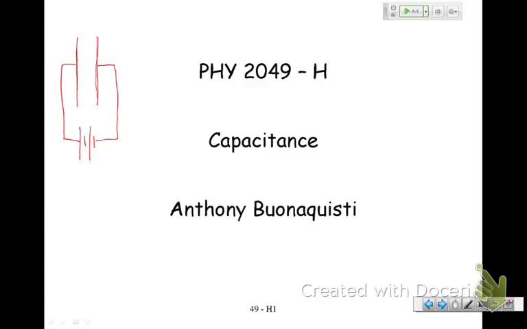The potential of this side tries to drive positive charges to sit on those plates, and the negative tries to drive a negative charge to sit on that plate. The whole thing is still neutral, still the same number of electrons as protons, but they're separated. And that's what power supplies do. They separate charges. They make the positive go to one terminal and the negatives go to another terminal.